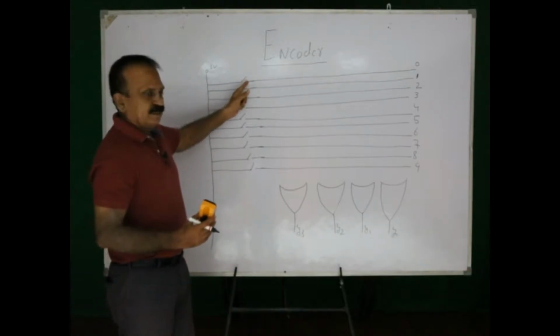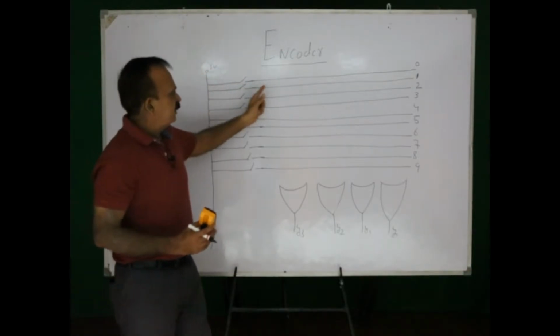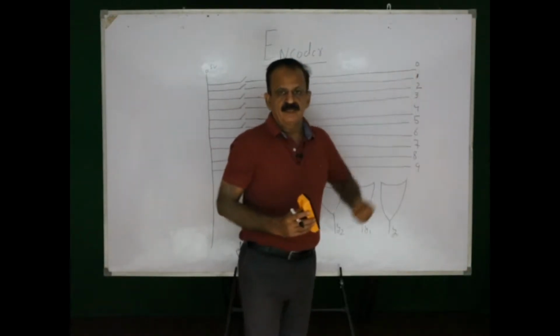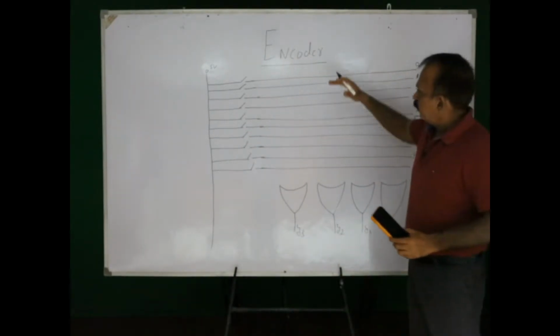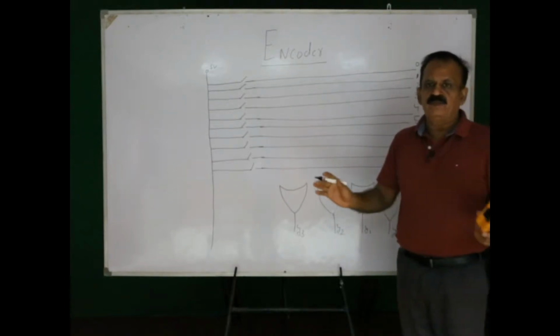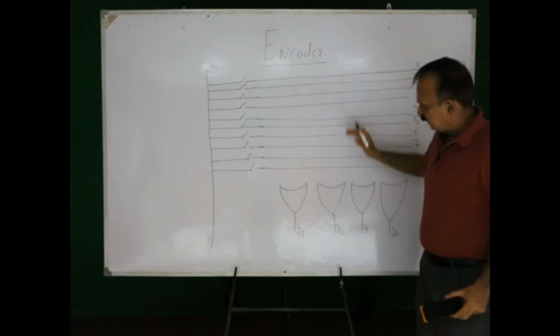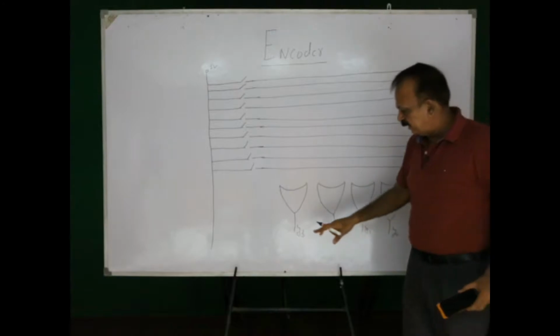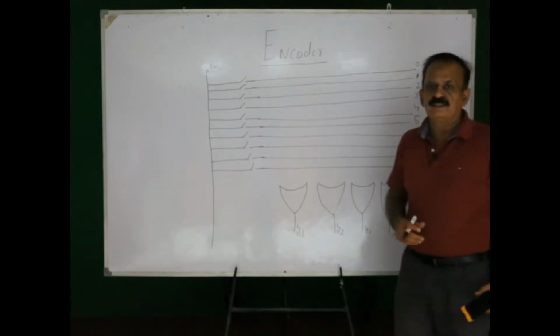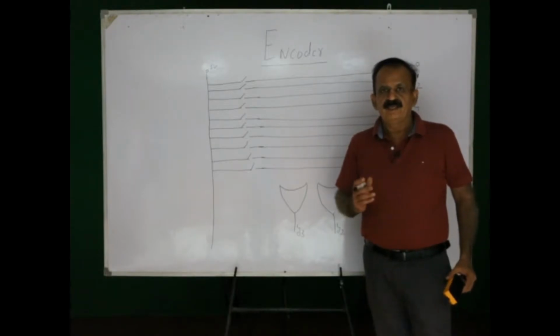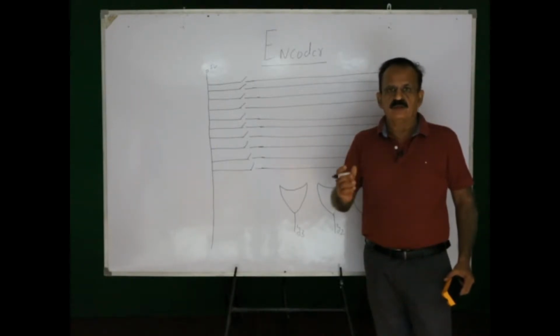If I press this one, there will be current in this wire representing 0. Now this wire won't be connected to any of the OR gates. If it is not connected to any of the OR gates, then the output of the OR gates will be 0 0 0 0. That will be the binary equivalent of 0.